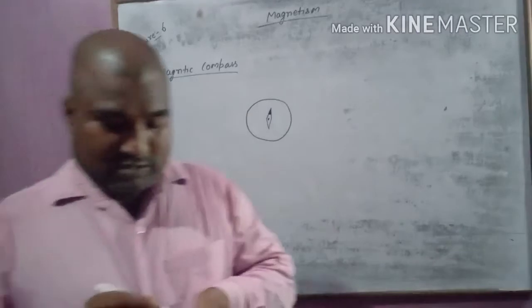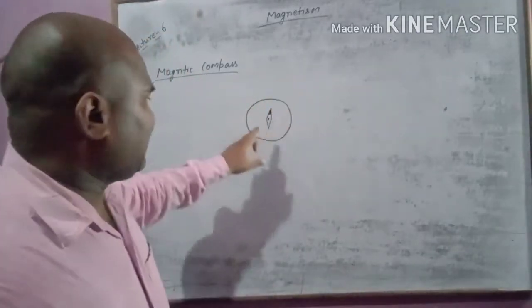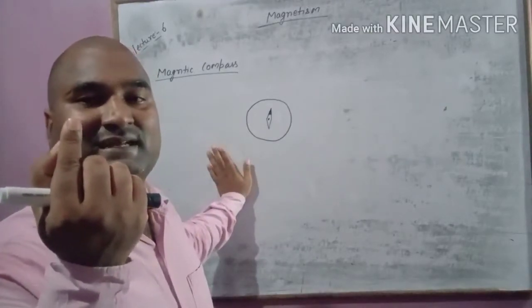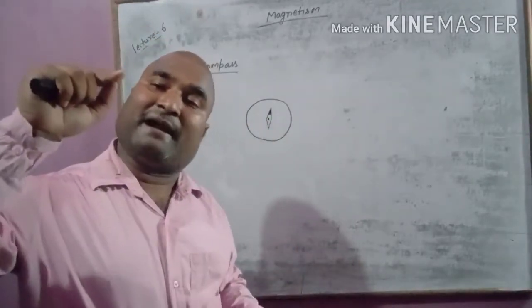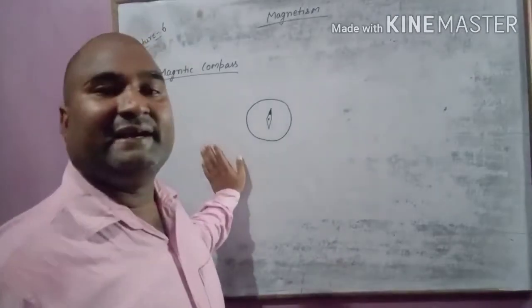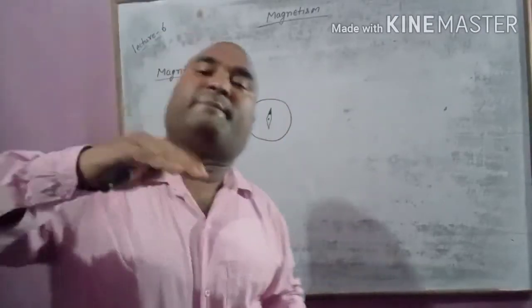So there is a box. In that box, at the center there is a small pin-like structure. On that pin a magnetic needle is placed. This magnetic needle is free to move, so it is pivotal.